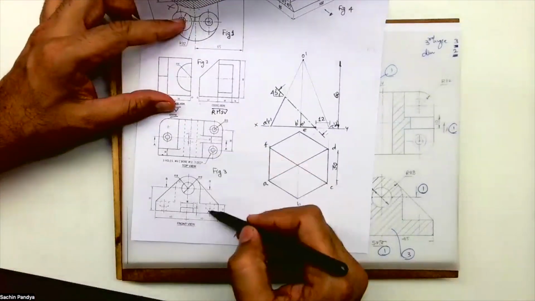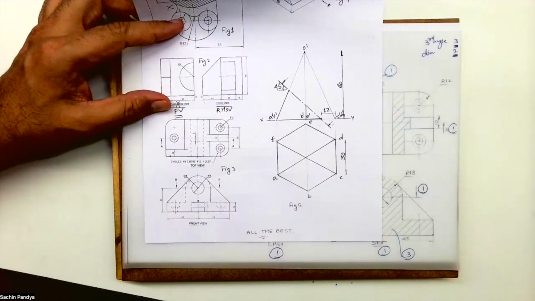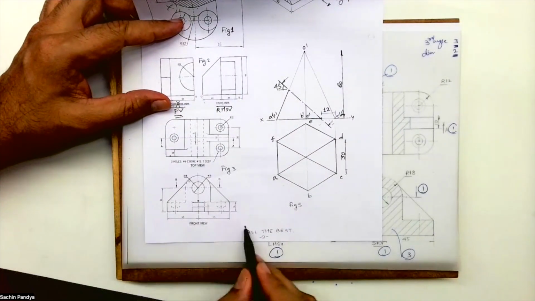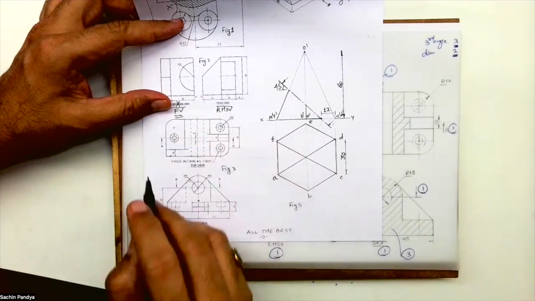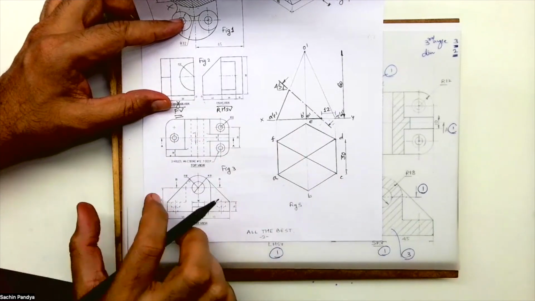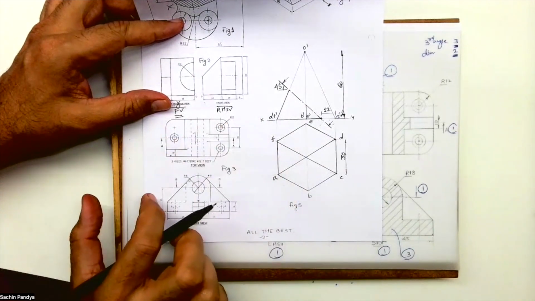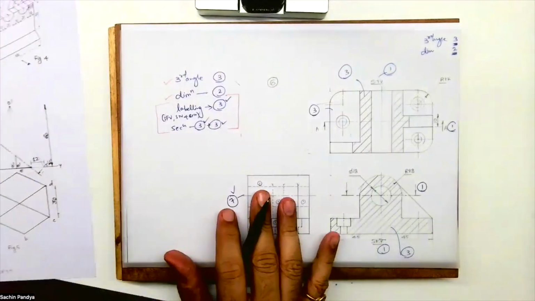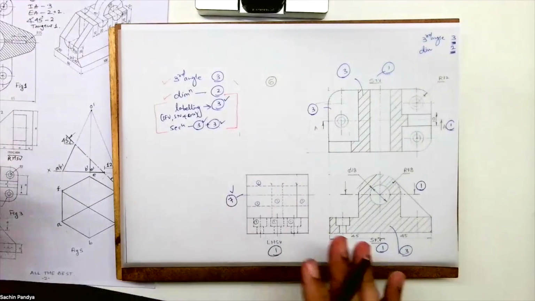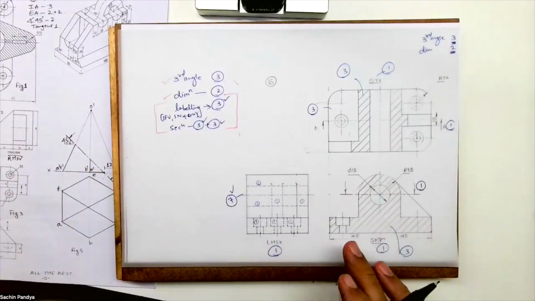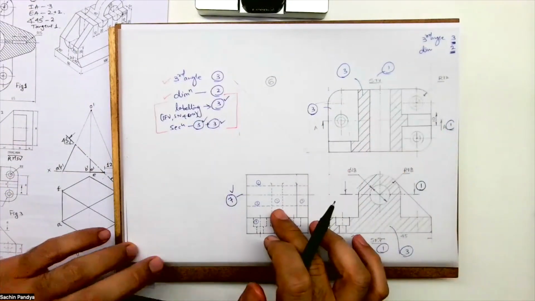So the question is given like this. It's a third quadrant. This is front view. This is top view, and you need to draw the side view, right? Front view, top view, and side view. So how will you go about this? First, you will copy these two views, front view, top view, and you will draw the side view.